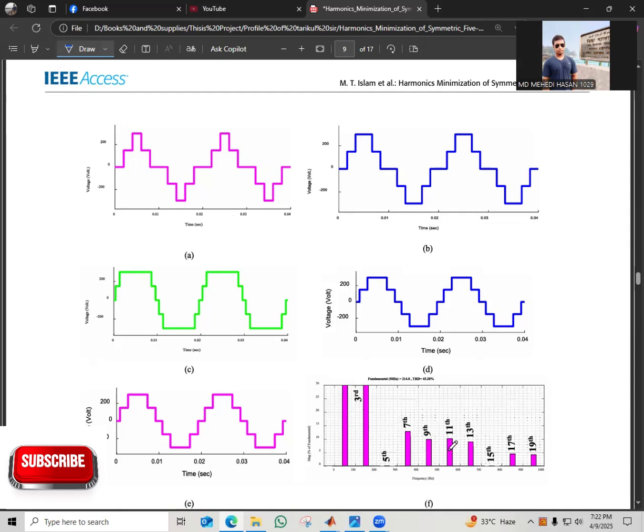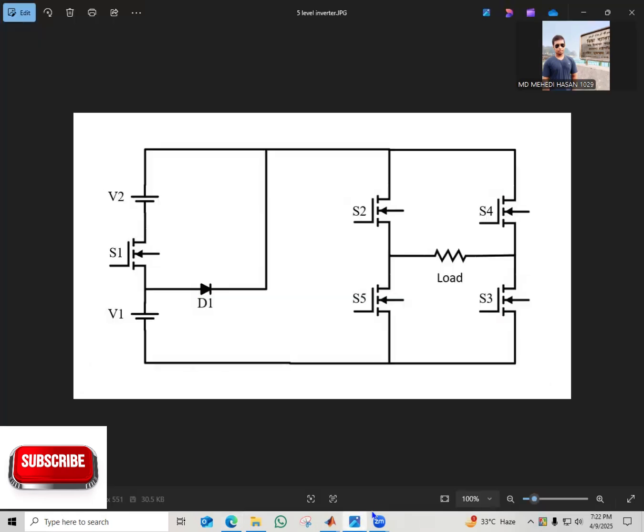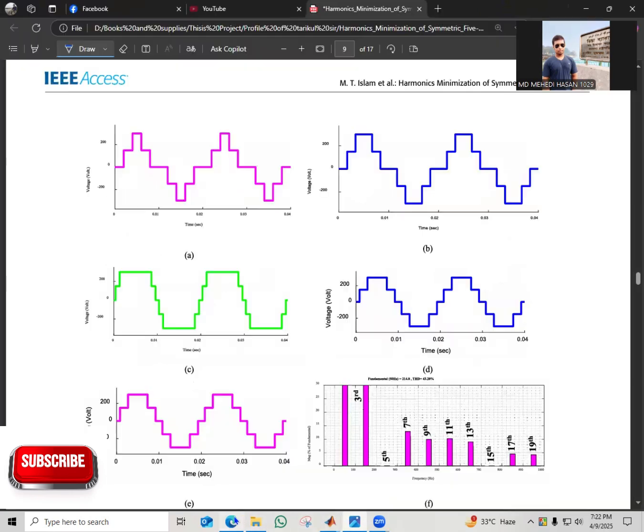So in this process, I designed a circuit diagram where you can see two different voltage sources, V1 and V2. If the first voltage source is active, then we get the first part of the positive half cycle, and after activating the second voltage source, you get the top of the positive half cycle waveform.